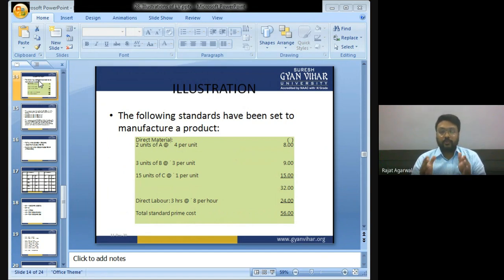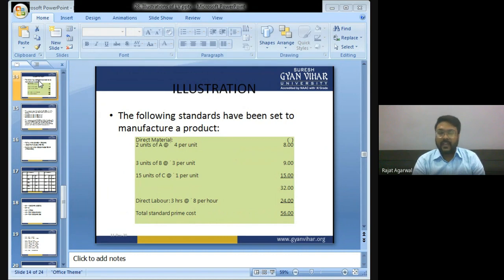So, to manufacture a product, we require three types of material A, B, and C. As per standard, we consume 2 units of A, 3 units of B, and 15 units of C.